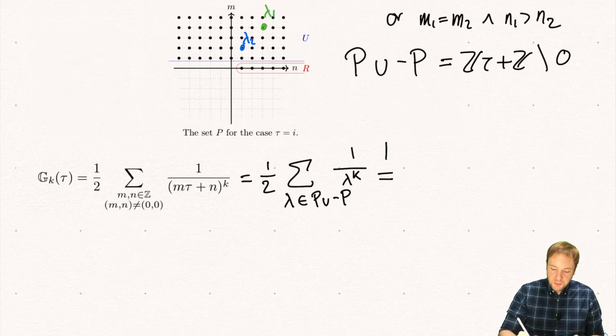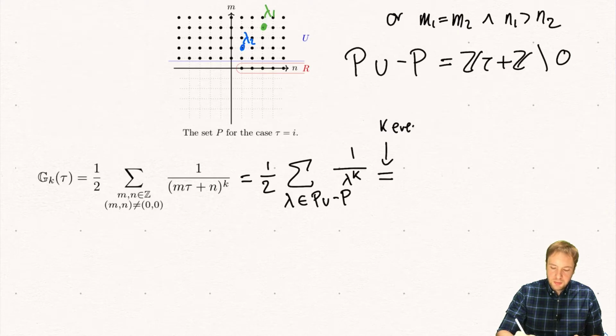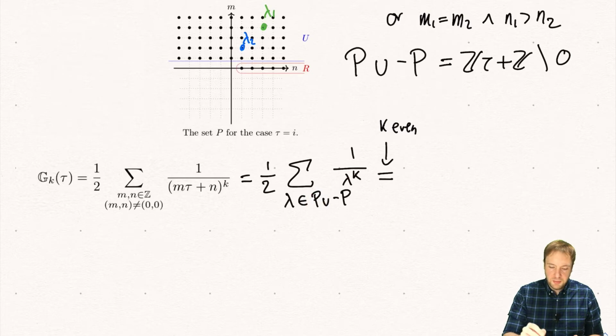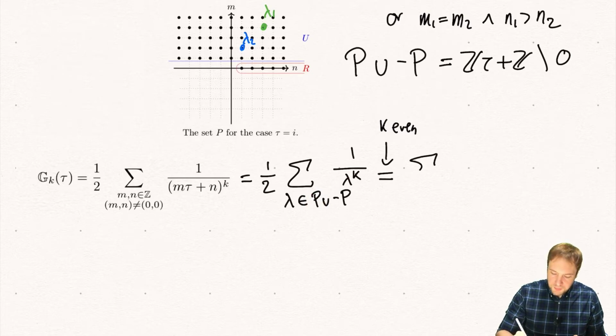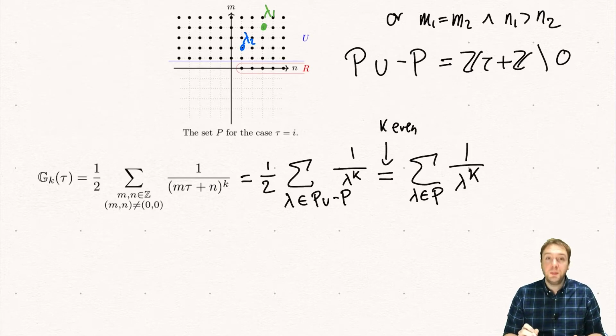But now, because we consider just the case when k is even, if I evaluate lambda to the k for a lattice point in minus P, it's the same as for lambda being in P. So this is the same as just taking the sum over all lambdas in P of 1 over lambda to the k. And being in P just means it's positive.